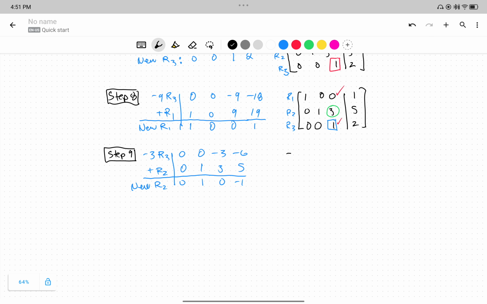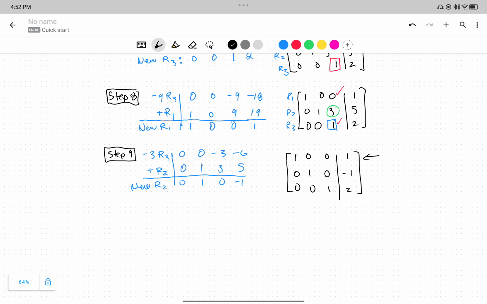Put everything together. 1, 0, 0, 1. And then this is going to be the new answer we just got, 0, 1, 0, -1. And finally, 0, 0, 1, 2. So at this point, you're done. So you don't have to do back substitution.